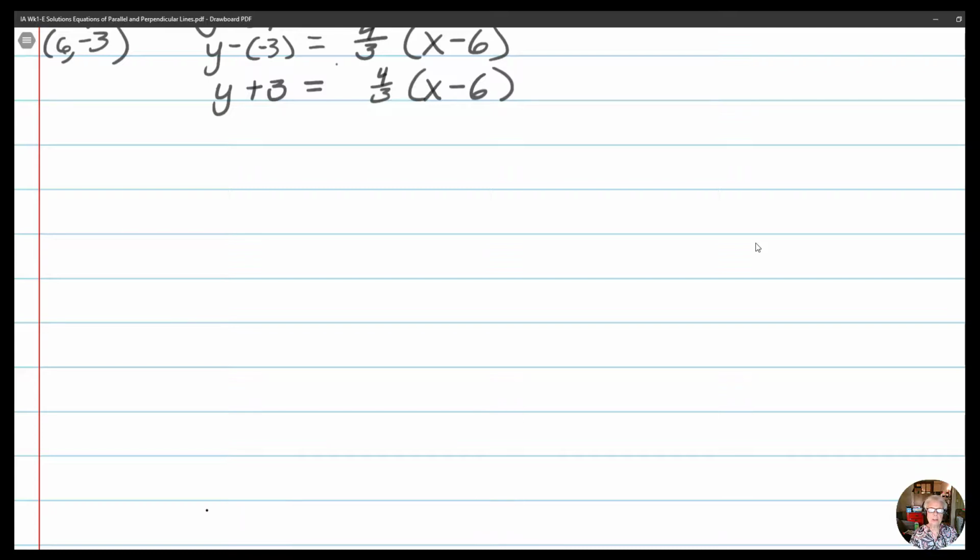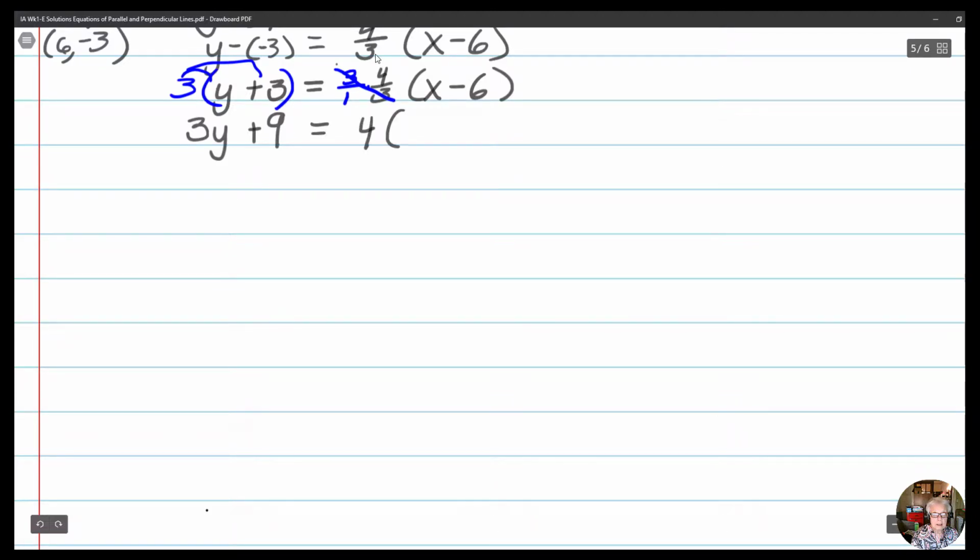Now I'm going to multiply both sides by 3. I distribute. I cancel. 3y plus 9 equals 4 times x minus 6.